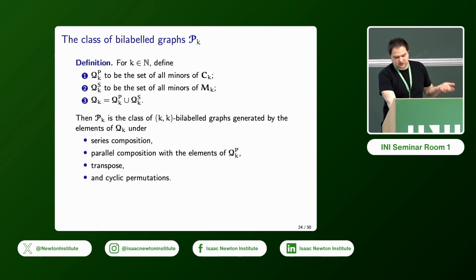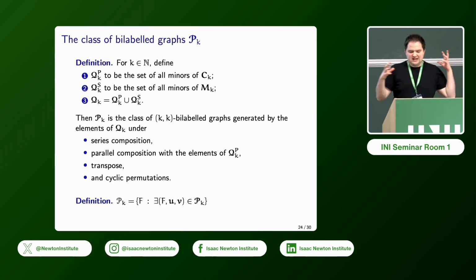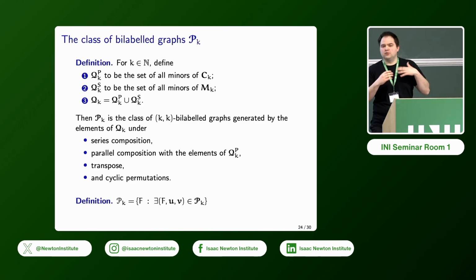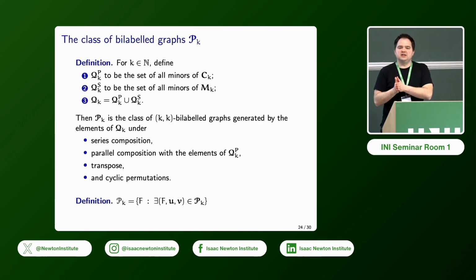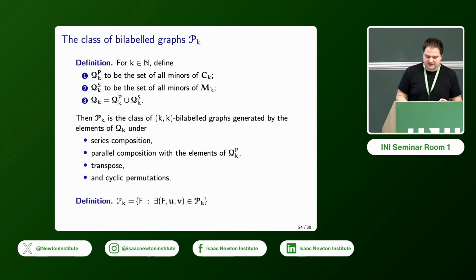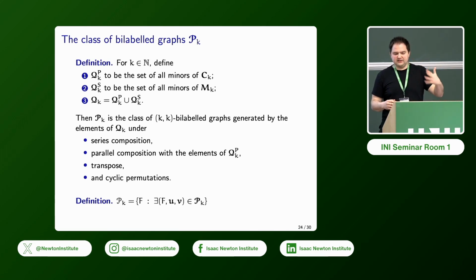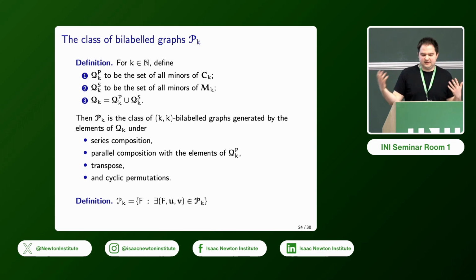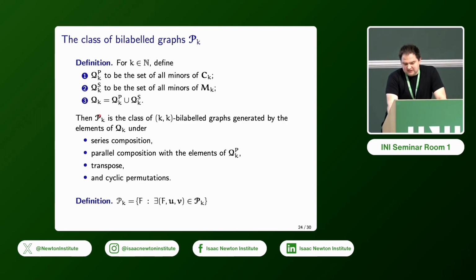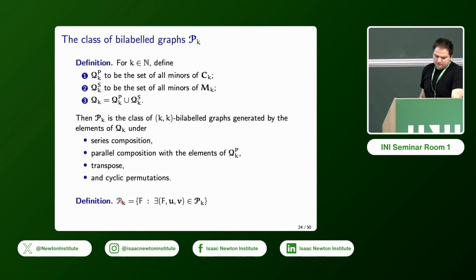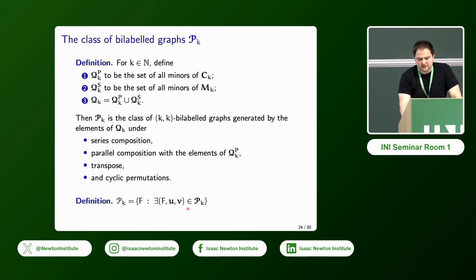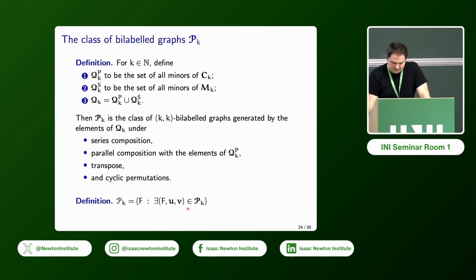Then we can do the transpose and cyclic permutation. So this class of graphs, for which we will have the homomorphism indistinguishability relation, is the class of all planar graphs that are generated in this way. And it's actually true that these will be planar graphs. The boldface class is the bilabeled graphs, and the regular P_k is just without the labels.